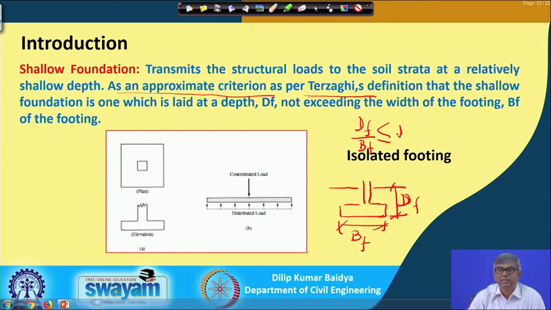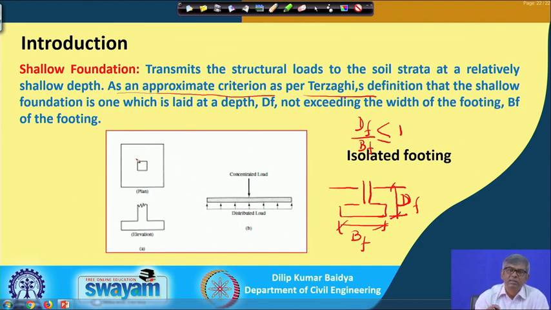So, according to Terzaghi's definition, for a shallow foundation, your foundation will be laid at a depth Df in such a way that it will not exceed the width of the footing, and then that will be treated as a shallow foundation. If it exceeds around 15, then that is called a deep foundation, and in between is called a moderate depth foundation.